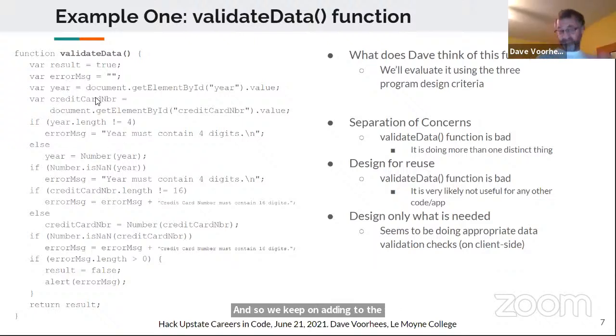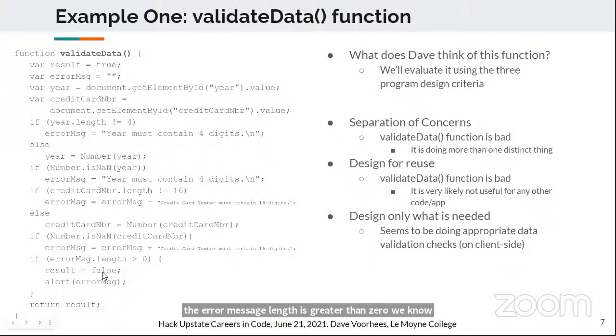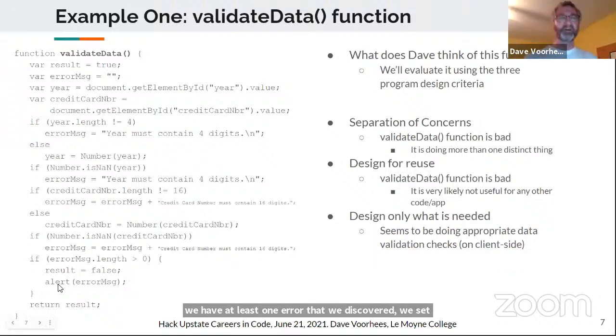If the year value is wrong, it's going to say the year must contain 4 digits, plus a newline character. If the credit card number is also bad, it's going to use string concatenation and add the credit card number must contain 16 digits. If the error message length is greater than 0, we know we have at least one error. We set result to false and display the error message. So that's validateData.